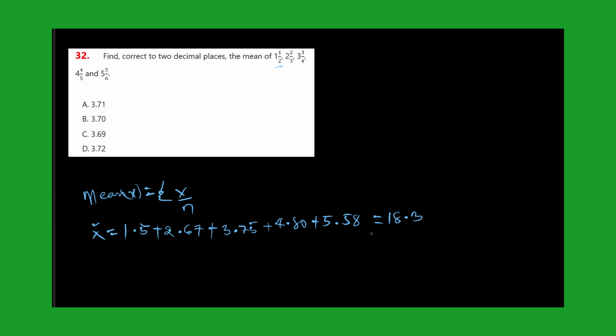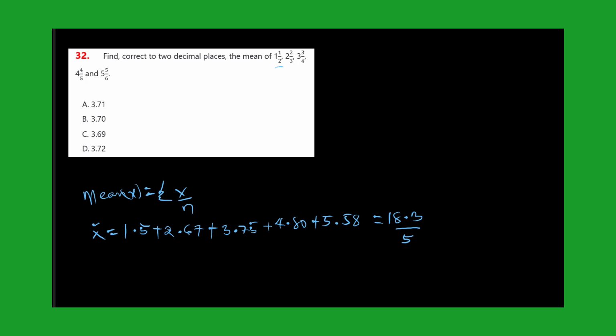If you sum up all these decimal numbers, it gives you 18.3. Since the formula of mean is summation of x divided by the number of occurrences, and all these numbers appear 5 times, we are going to divide 18.3 by 5.